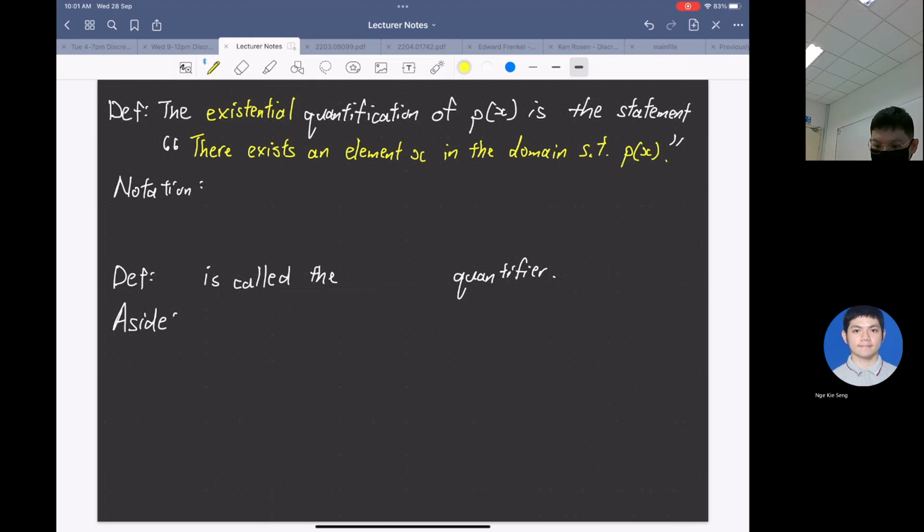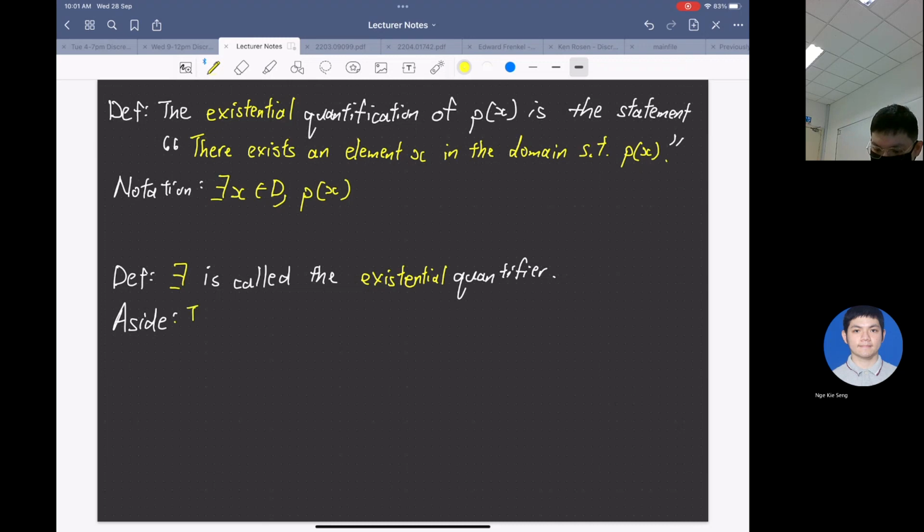The notation we write is an inverted E, which means exists, followed by x. This we call the existential quantifier.